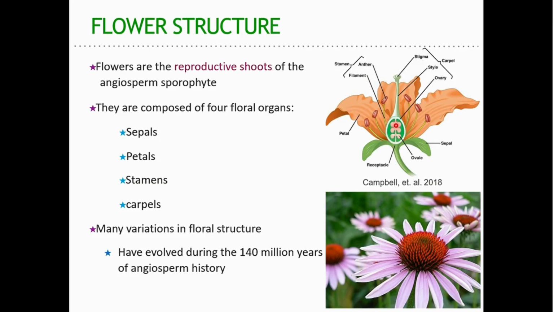And then here is the stamen of the flower, consisting of anther and filament. And then the carpel of the flower consists of stigma, style, and ovary. There are many variations in floral structure which have evolved during the 140 million years of angiosperm history.